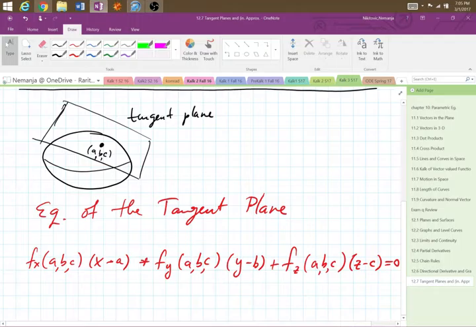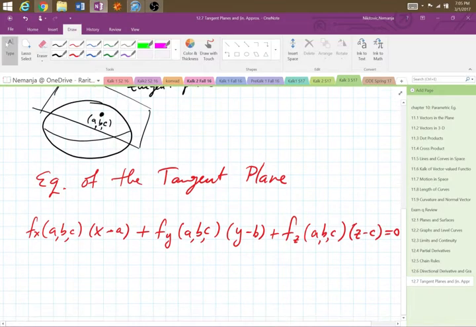This is plus. It's a sloppy plus. We hopefully know what the equation of the plane is, right, with pluses. Good. So we are dotting the derivative vector with the line.